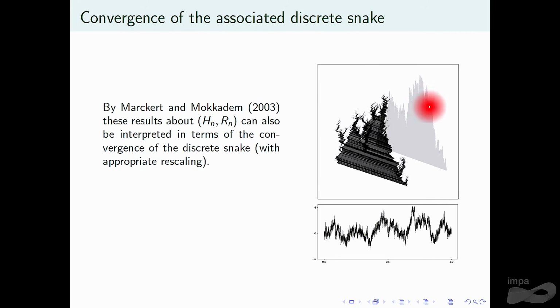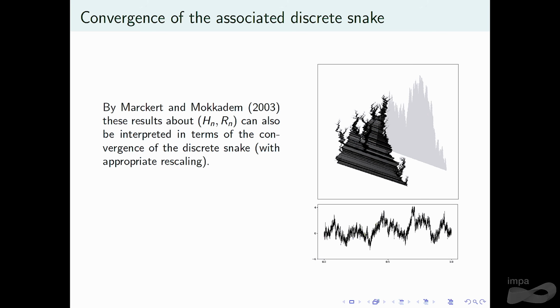Here on the right, we have the label process Rn of a very large tree, and then its associated discrete snake. I've changed the orientation, which I think is clearer. And the shadow that it casts is, again, the area under the contour process.